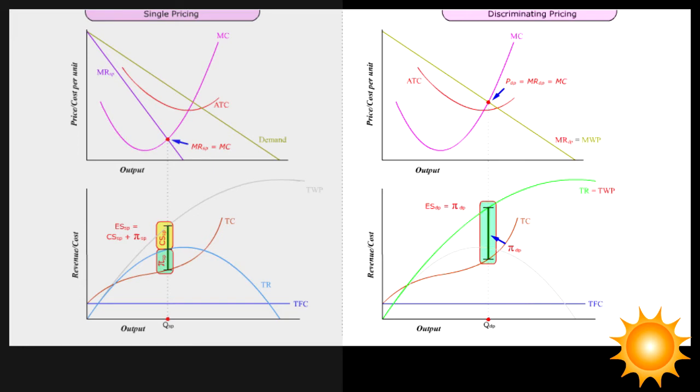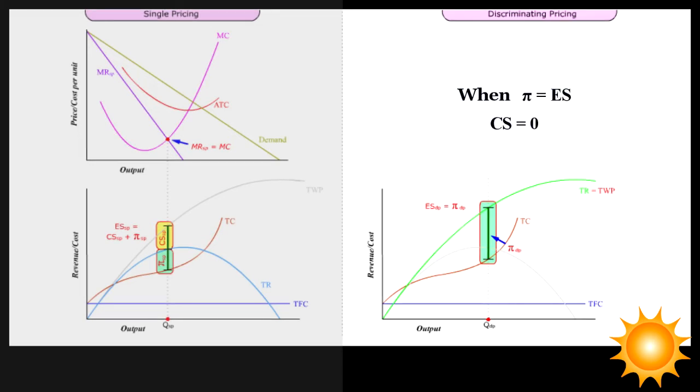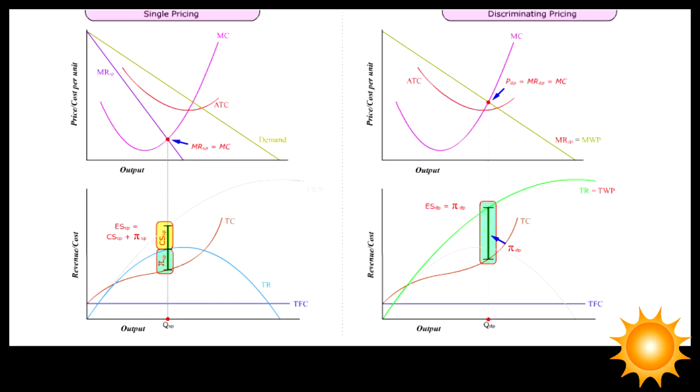Since P_DP is equal to MC at Q_DP, economic surplus, ES_DP, is also maximized. When ES_DP is equal to Pi_DP, consumer surplus is equal to 0.